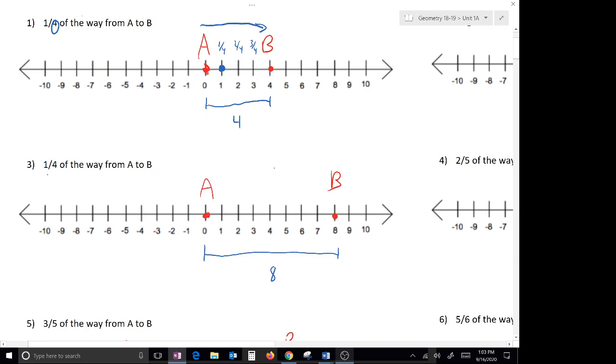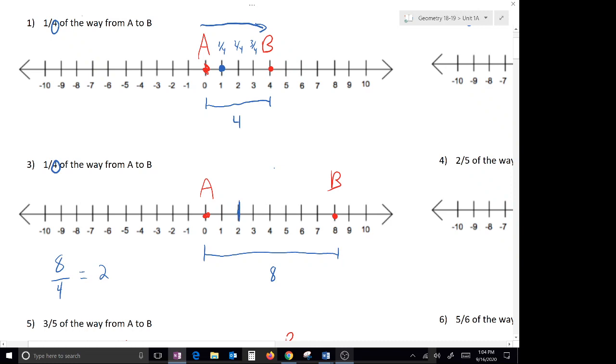I have to look at my fraction and figure out how far each division, each quarter, is. The way that we do that is we take our distance and we divide by the fraction. So 8 divided into fourths is 2. That tells me that each partition should be 2 units.